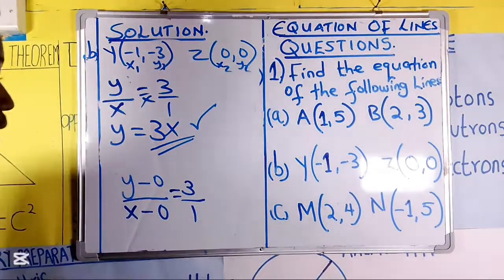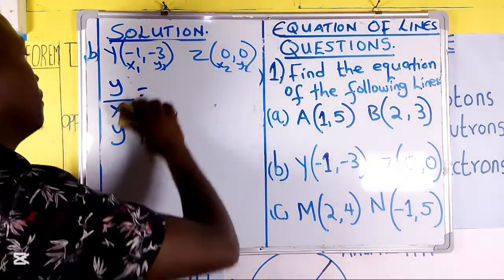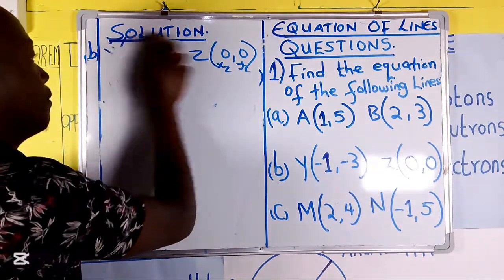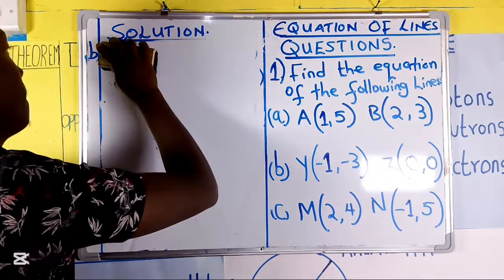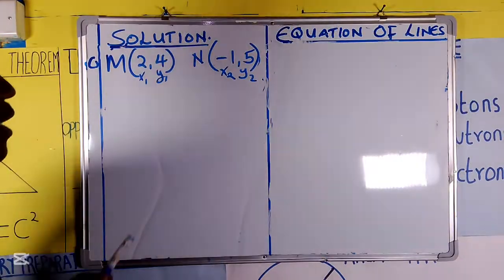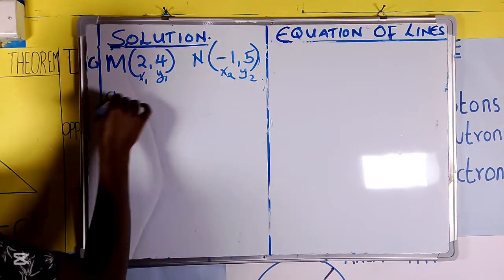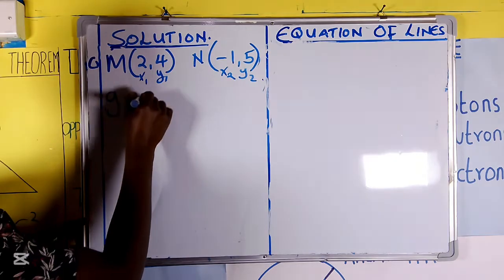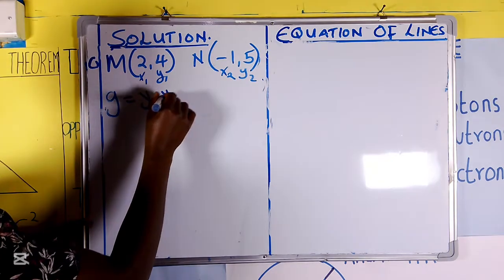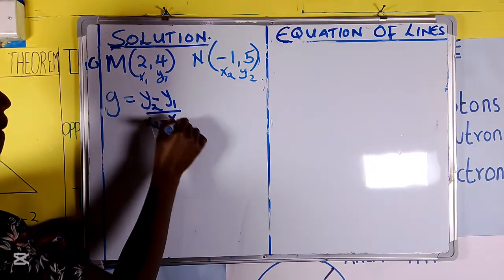Let us do the last example. In this last question, we will still do the same thing. We will first find the gradient, which is equivalent to change in y over change in x.